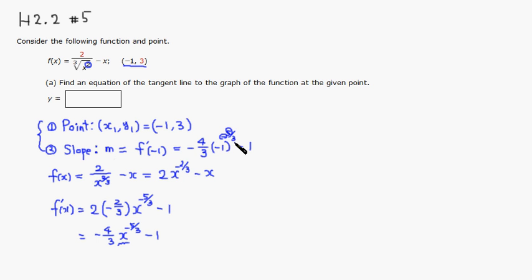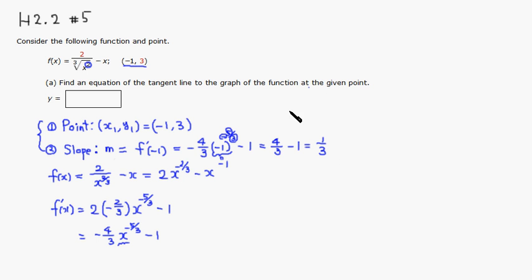Then over 3, that's a cube root, but the cube root of -1 is still -1, so this is actually just -1. So -4/3 times -1 is going to be +4/3. Then you subtract 1, sorry, 1, not from the power. Then you're going to get 1/3.